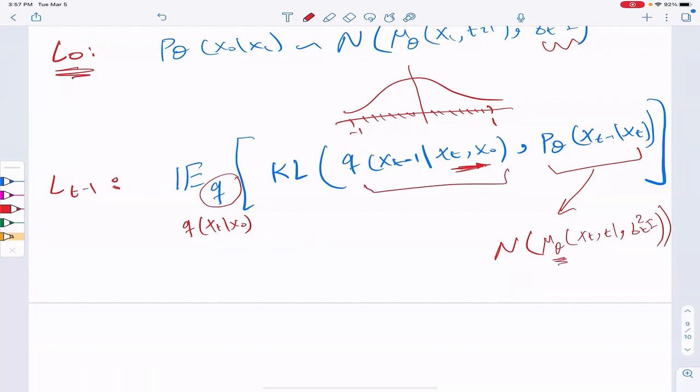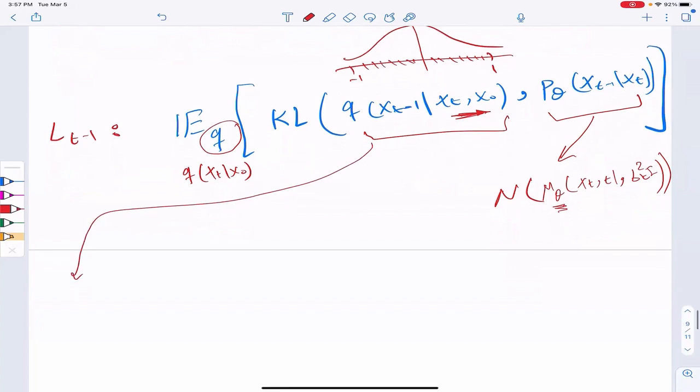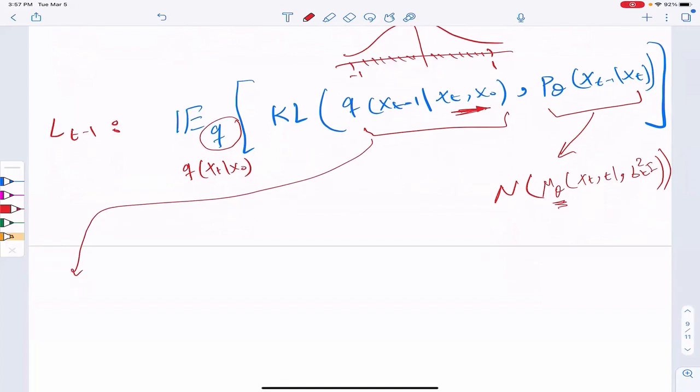What about this guy, Q of xt minus 1 given xt and x0? Last time we argued you can write this also as another Gaussian distribution. Write the Bayes rule, each term is a Gaussian distribution. Then algebraically multiply the densities and massage it. At the end of the day, you also get a Gaussian distribution. I'm not going to do it.